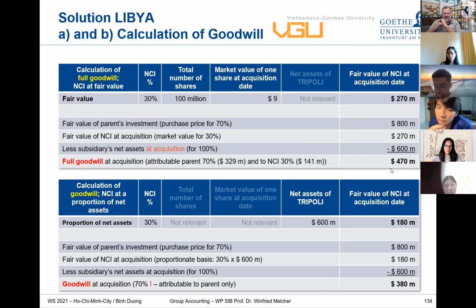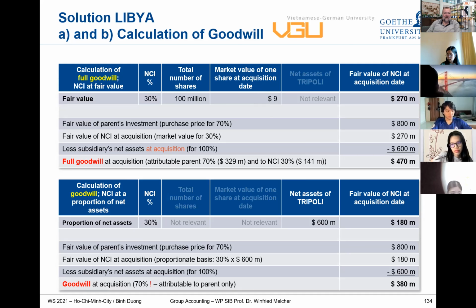And now we have to understand why this is called a full goodwill. It's not called a goodwill, it's called full goodwill because it derives from the market value. And the market value includes both the parent shareholders and the NCI, the non-controlling.